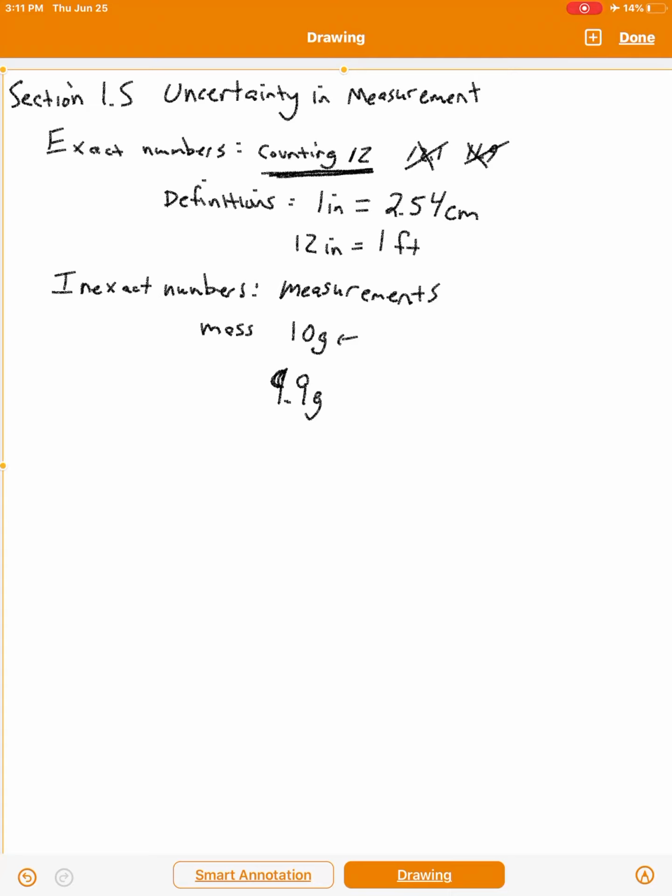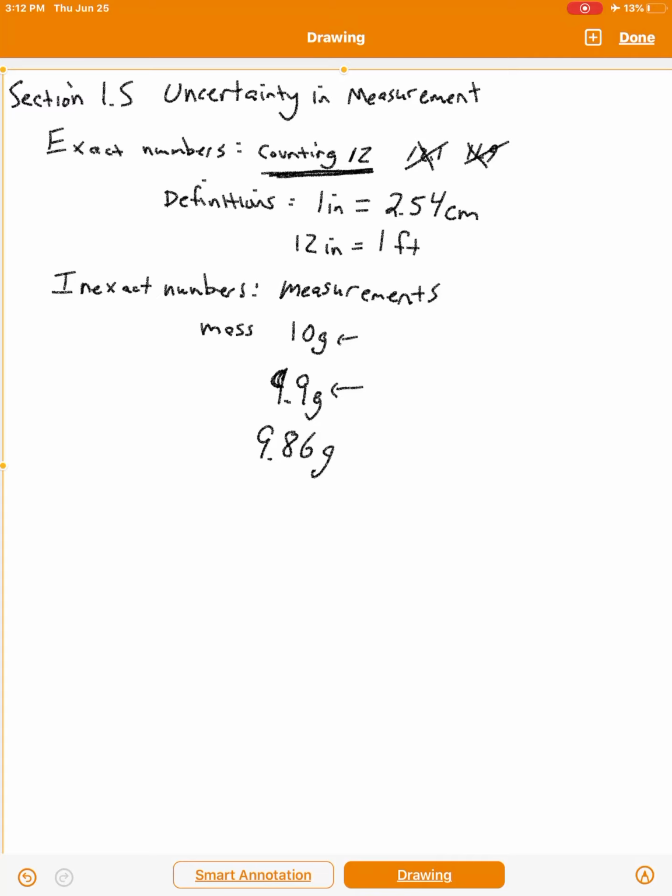But if I get a better balance, I might figure out that it's not actually 10, it's 9.9. And then I find an even better balance, and it turns out it's 9.86 grams. And you'd say, it's not exactly 9.9, it's 9.86.